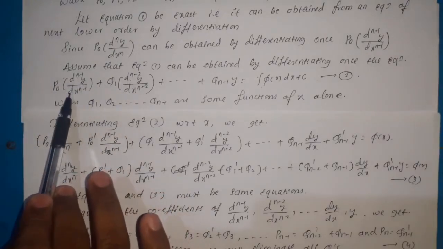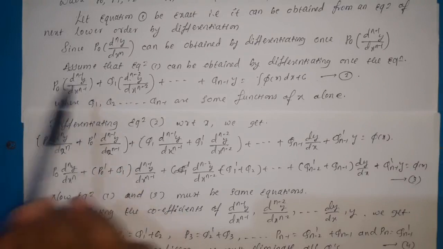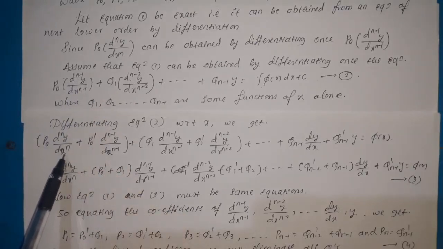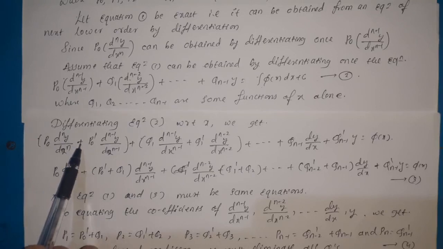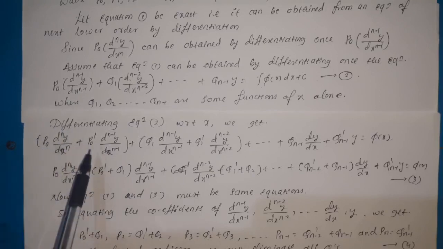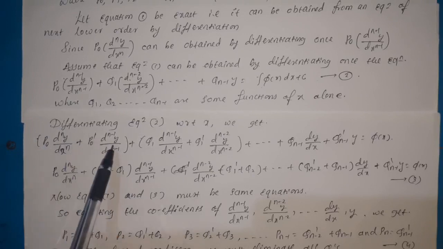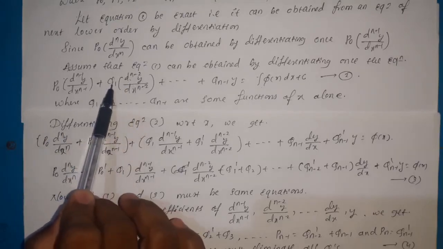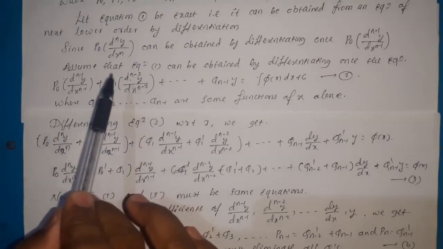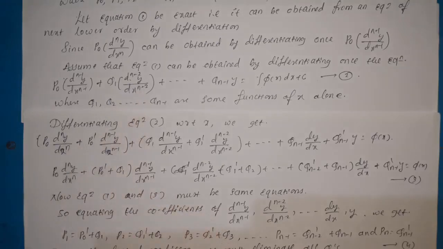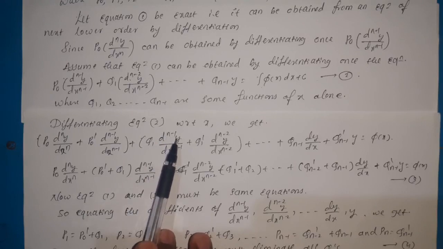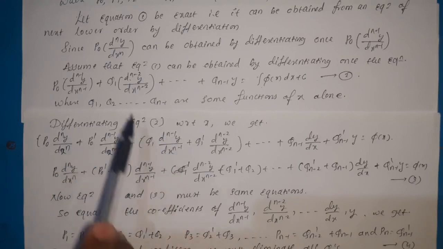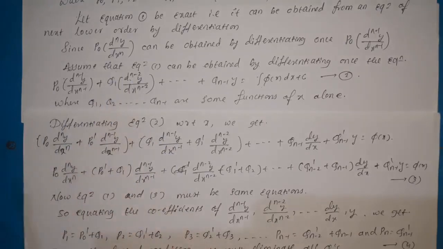So now d power n minus 1 y by dx power n minus 1 will become d power n y by dx power n, plus, for the first function differentiation, p naught dash into the second function as it is. Plus here q1 is the first function and d power n minus 2 y by dx power n minus 2 is the second function. So the first function as it is, and let us differentiate the second one, and here it is d power n minus 1 y by dx power n minus 1, that n minus 2 becomes n minus 1.